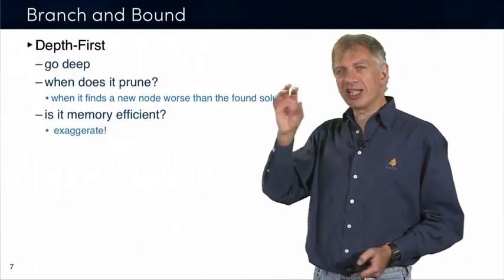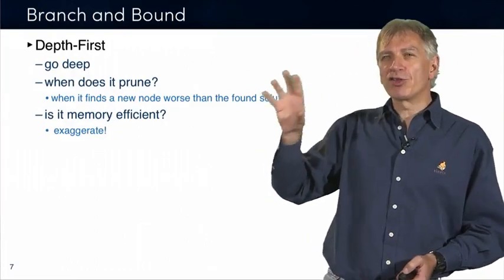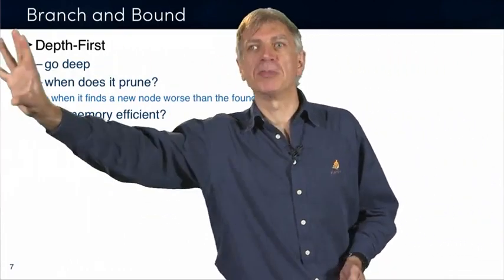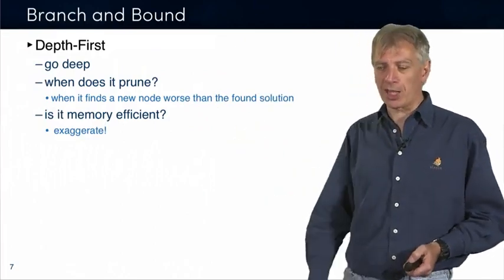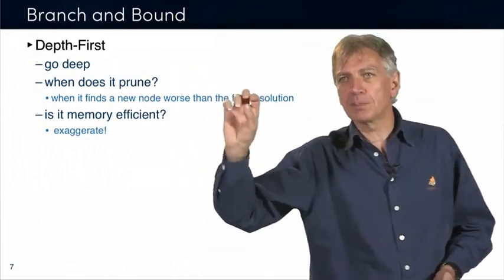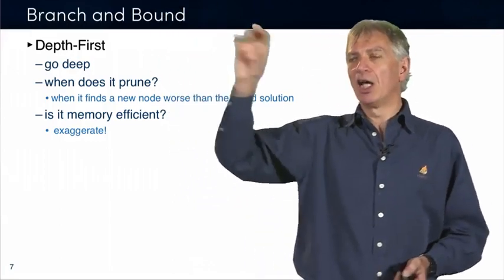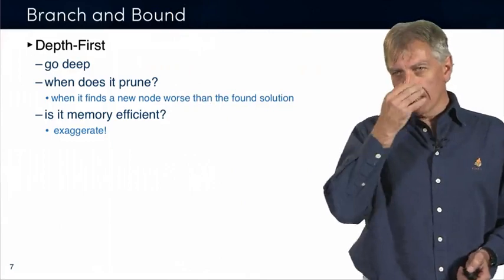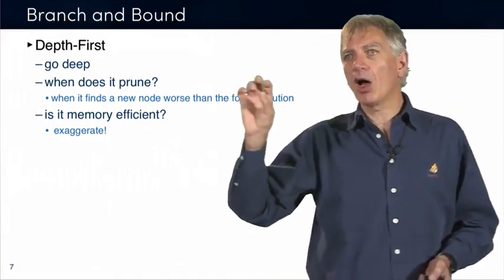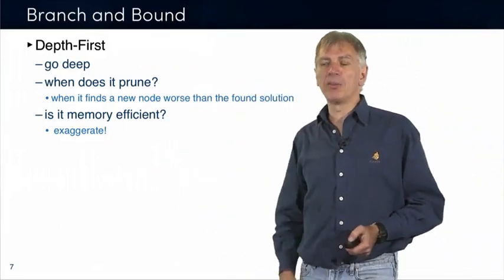So in a sense, the key idea for depth first search is like in the NFL: you want to go deep and try to find good solutions quickly. When does it prune? It prunes as soon as you reach a node whose evaluation is worse than the best found solution. And one of the questions that I have for you is how efficient is it from a memory standpoint?